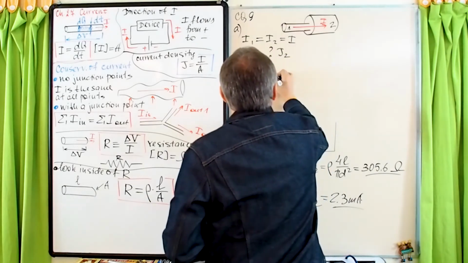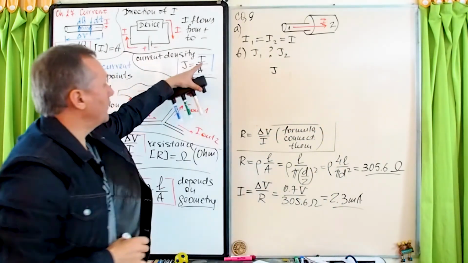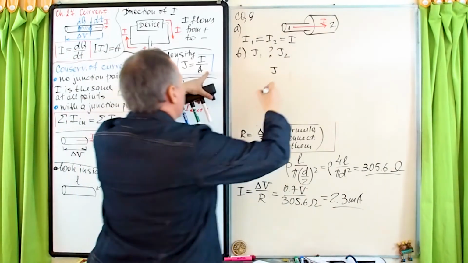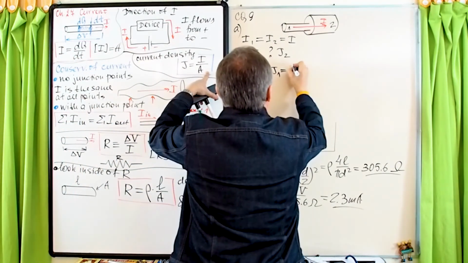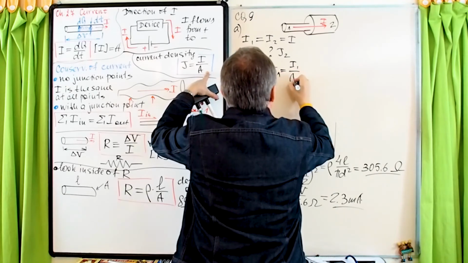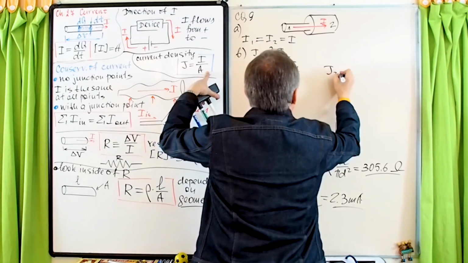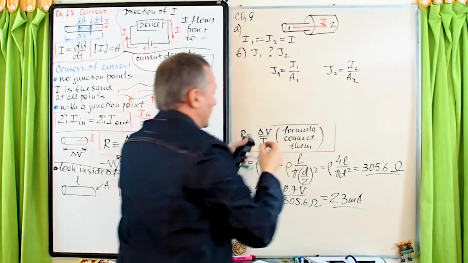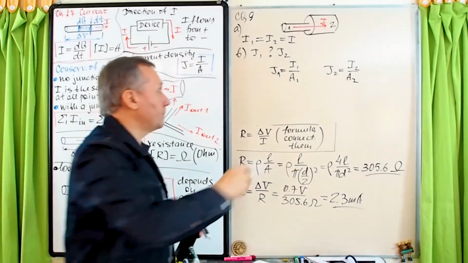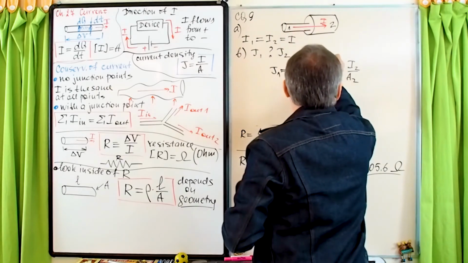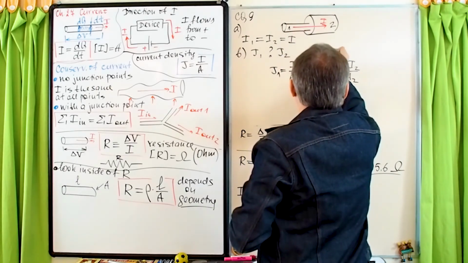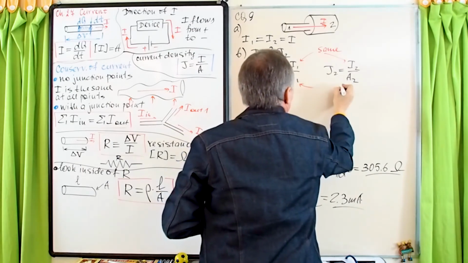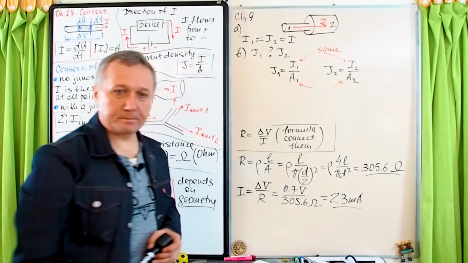So let's write the definition: J equals I over A, where A is the cross-sectional area. J1 is I1 over A1, and for the second part, J2 is I2 over A2. Currents are the same, but areas, of course, are different.